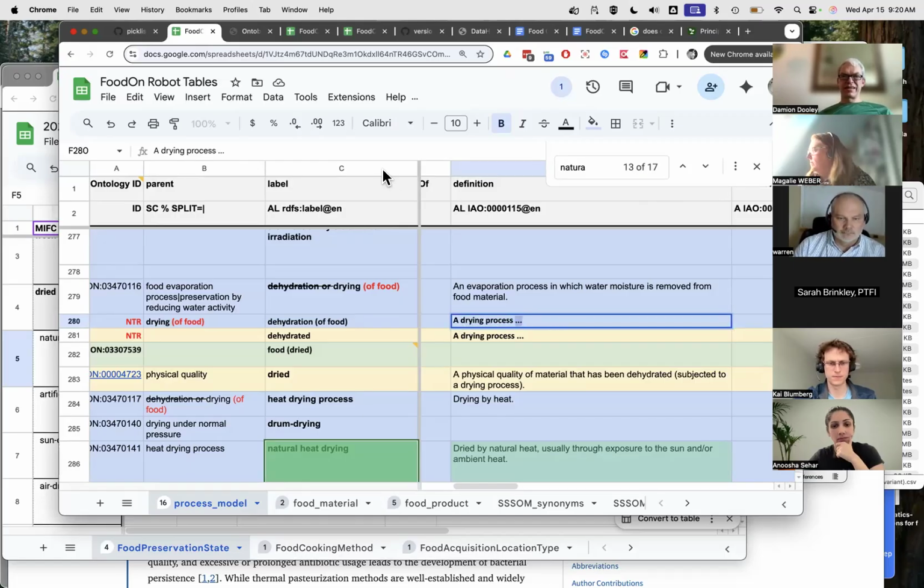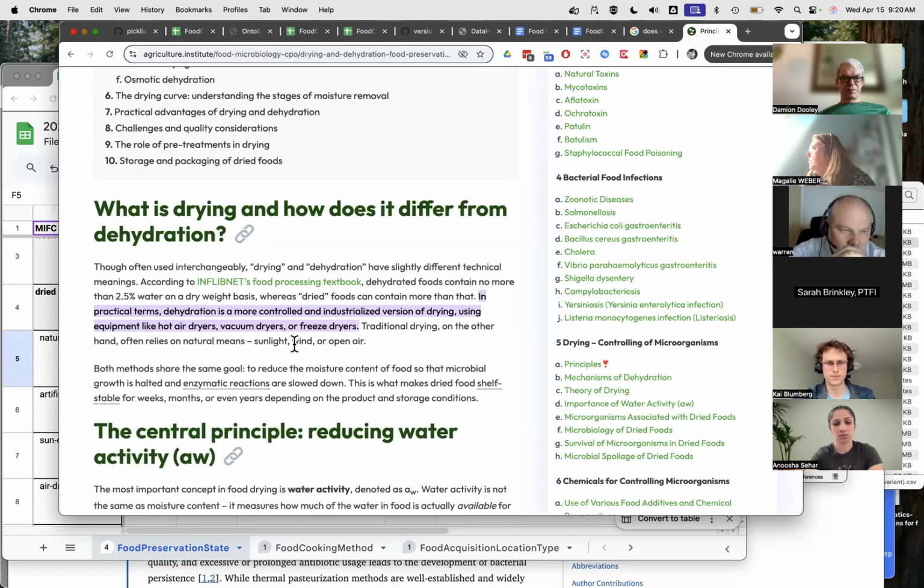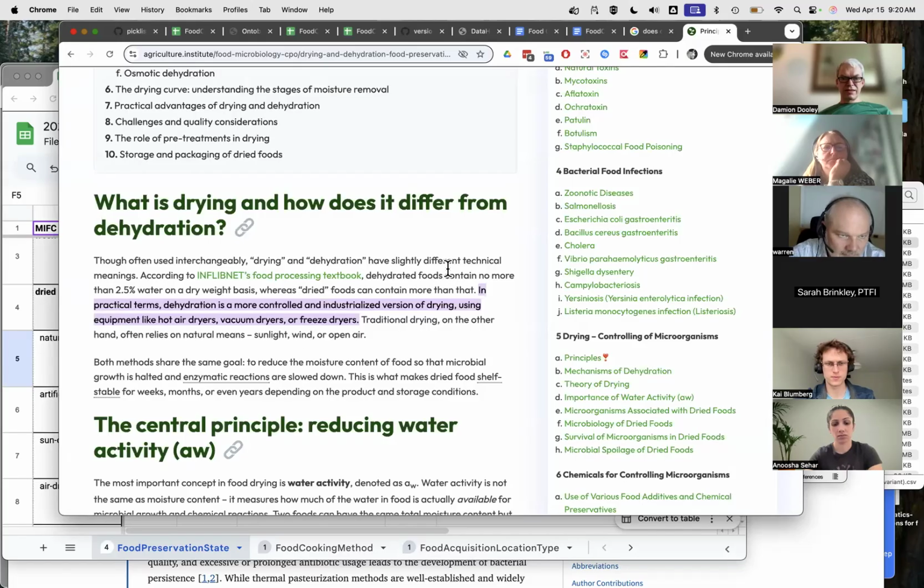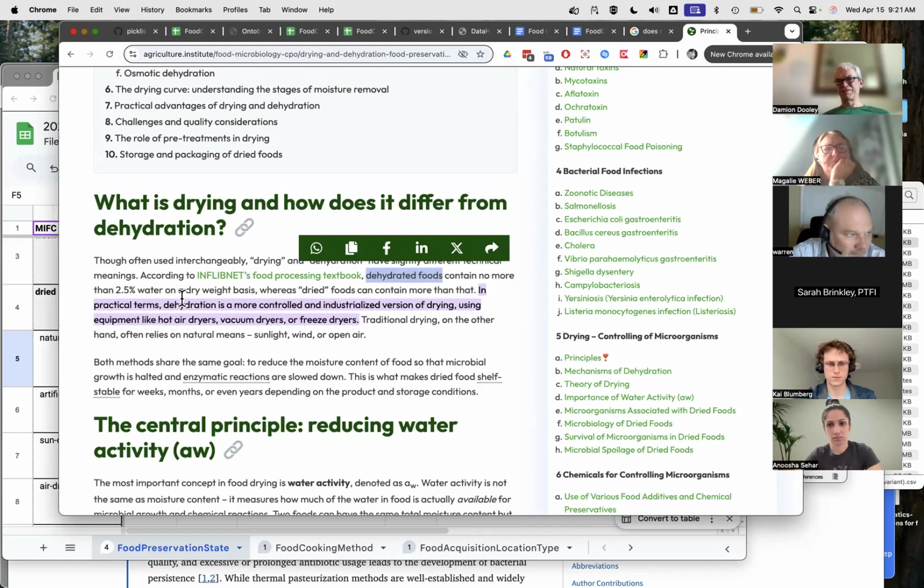What I was reading online is that the output of dehydration leads to some specified or lower water content. Drying doesn't necessarily get you all that way.